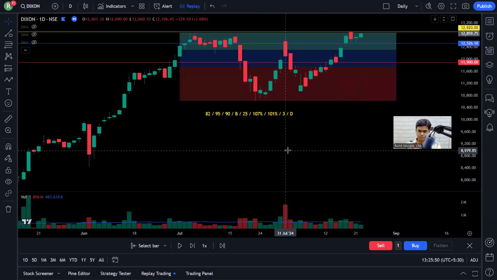Anything above 3 is considered to be late stage, because it is found that by the time a stock goes from base 1 and 2 to base 4 and 5, it has already given a triple digit return. Triple digit doesn't mean 100%. Triple digit could also mean 300%, 400%, sometimes 500% return in the stock.